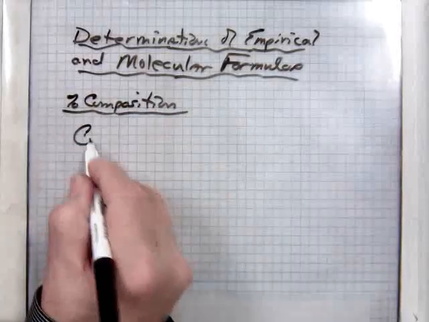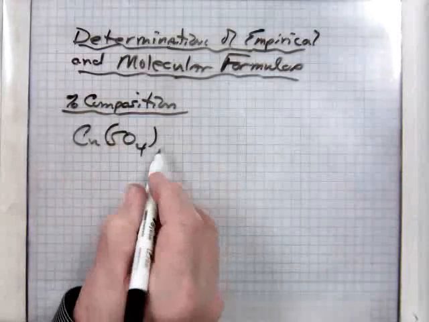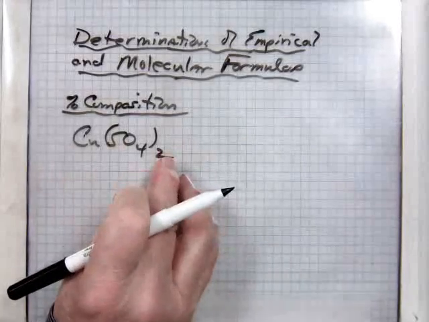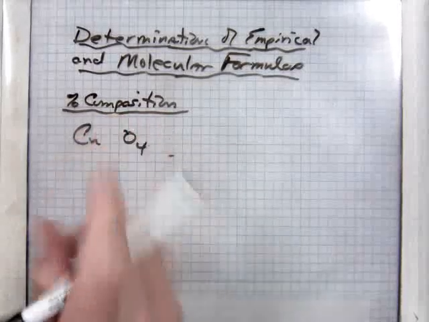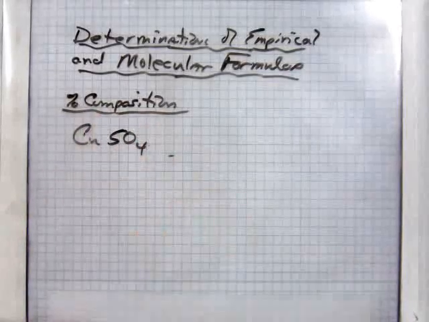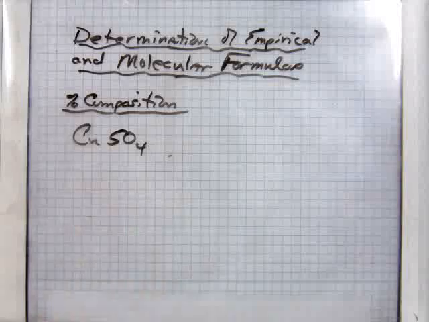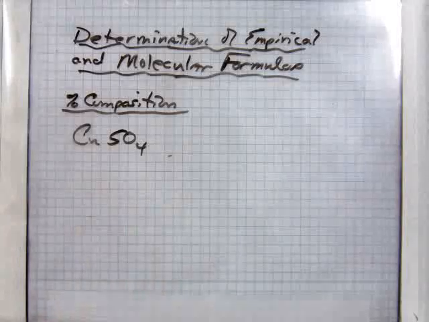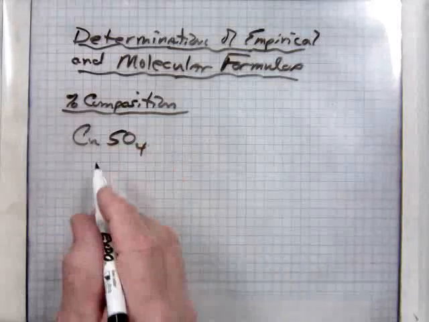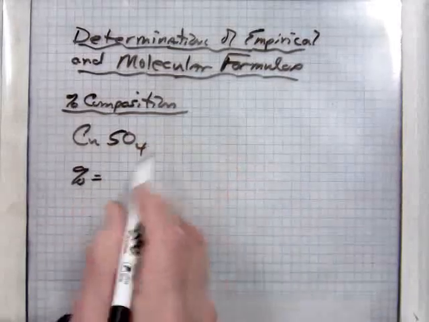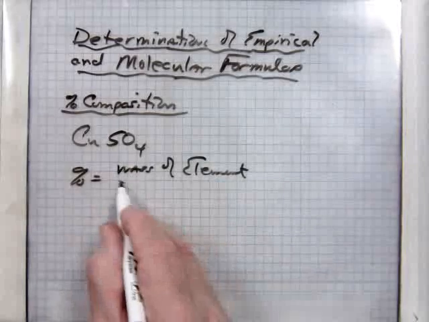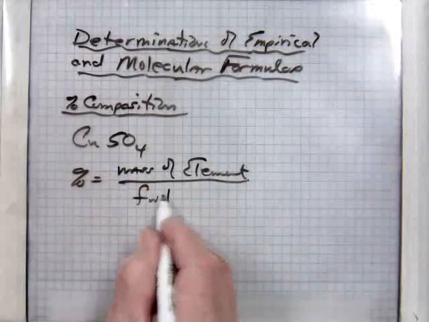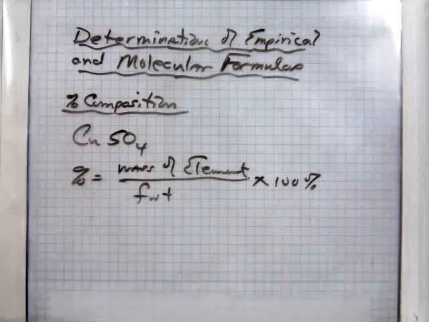If you're given copper sulfate, there's your copper sulfate right there. So I need to know the percent copper in there, or percent sulfur and percent oxygen. So when we calculate the percentages, it's the mass of the element divided by the formula weight, and that times 100%. I think you have part over total times 100.